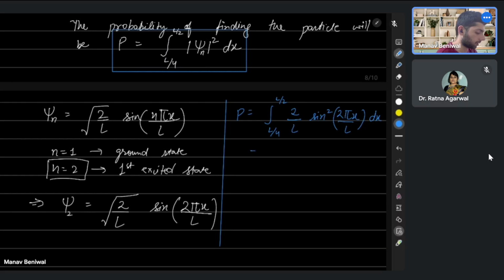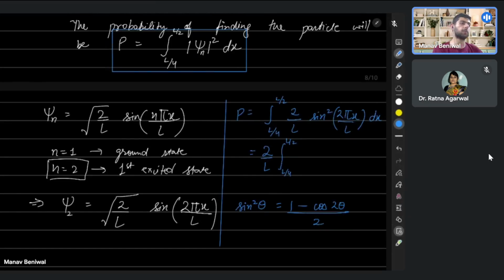Now we can take this 2 by L outside and we can integrate from L by 4 to L by 2. And now we know that sine squared theta we can write as 1 minus cos 2 theta divided by 2.